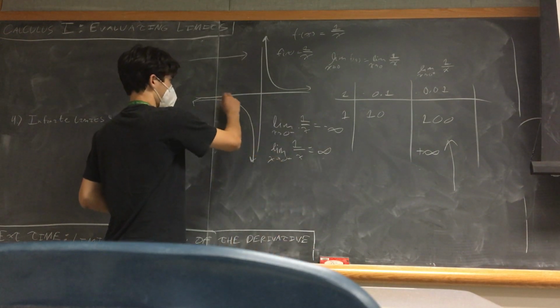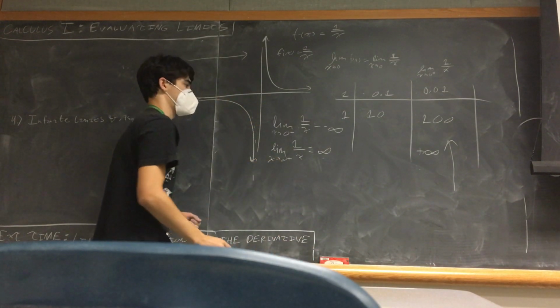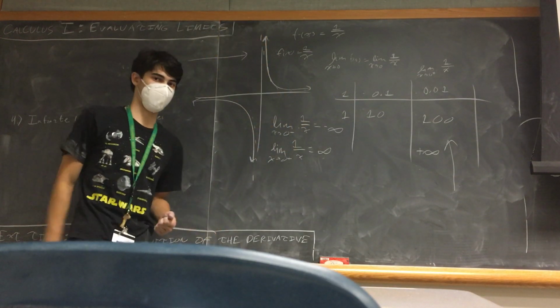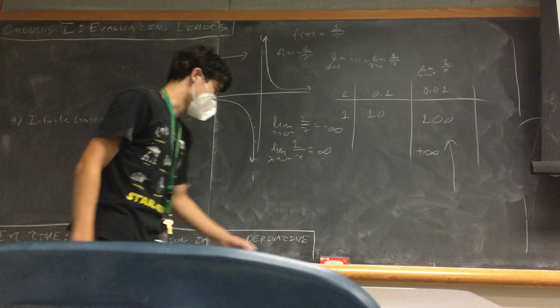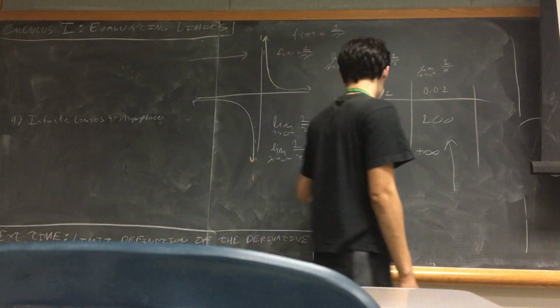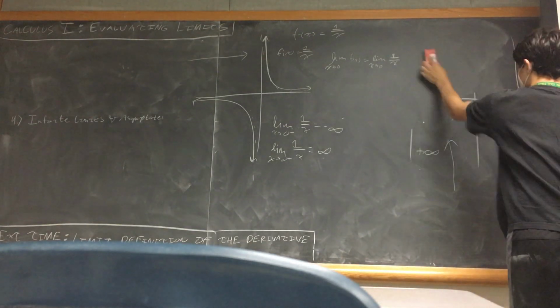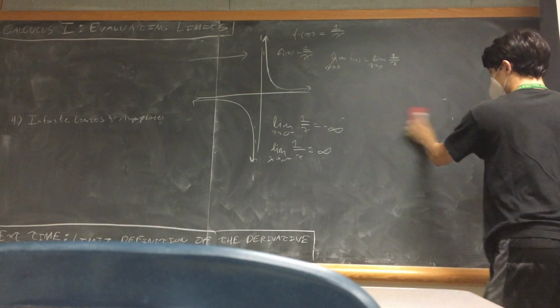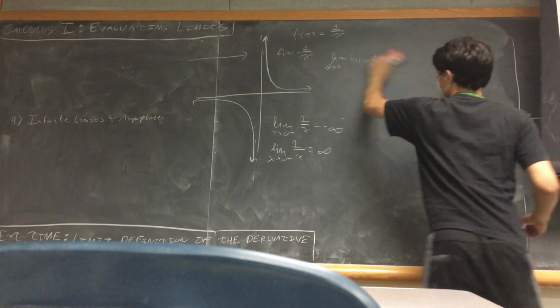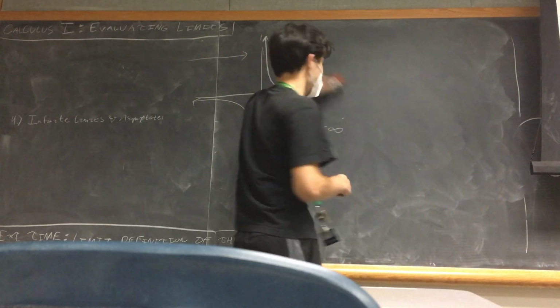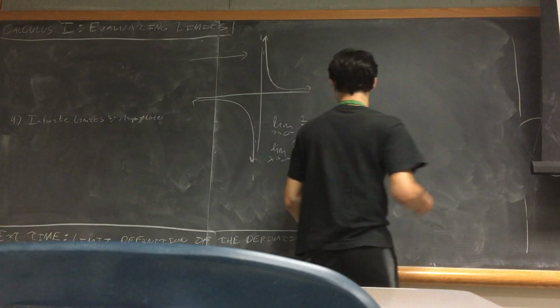As it approaches 0 from the left, it's decreasing without bound. As it approaches 0 from the right, it's increasing without bound. And we can say that if a function has a limit of positive or negative infinity as x approaches c, then it has a vertical asymptote at that point.